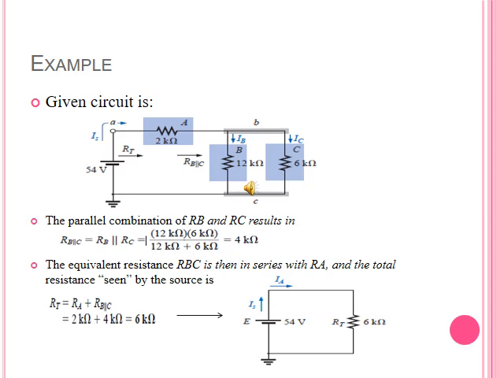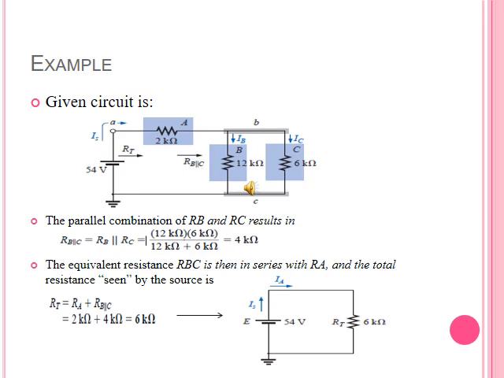Now first of all, we have to solve the circuit. We can solve it by first of all reducing. As we have studied previously, the first step is reduction. In the reduction step, we have to reduce the 12 kilo ohm resistor and the 6 kilo ohm resistor.